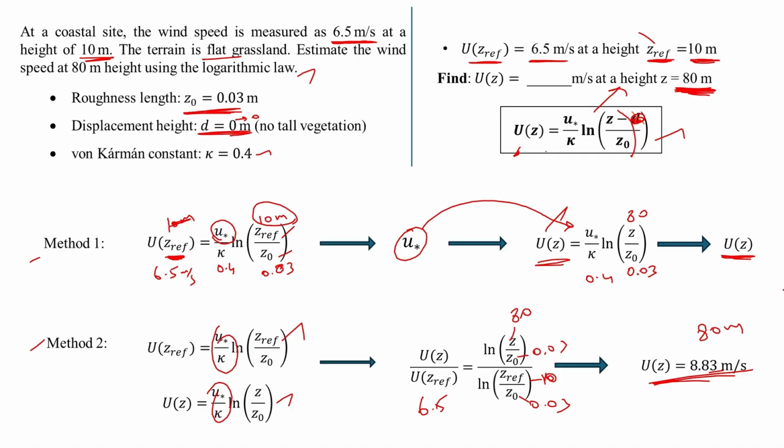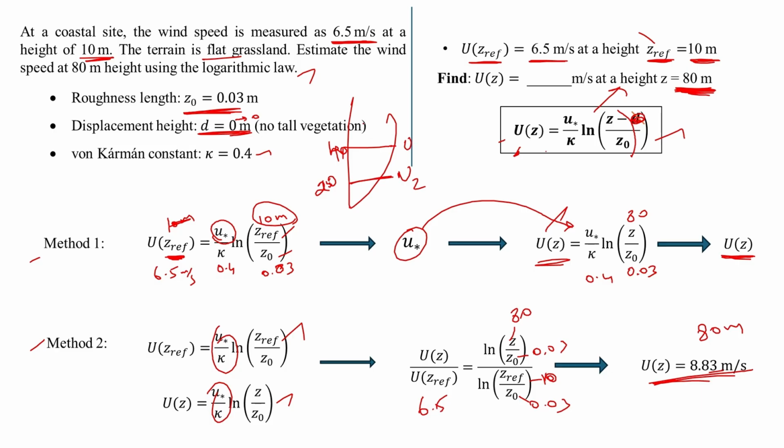So this is how, at whichever altitude you want to find the velocity, you can find it. Okay, so you should know just the initial reference height and its velocity. For example, it could be 10 meter, maybe 15 meter, 20 meter, somewhere. With that, using this formula, you can find other altitudes.